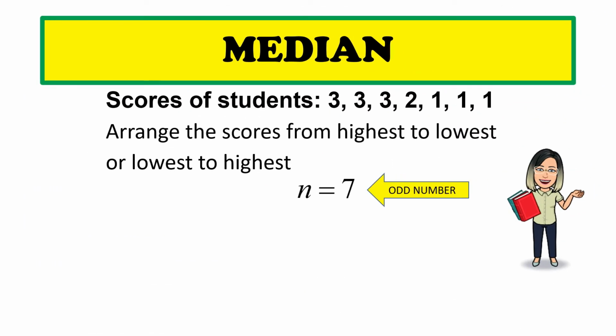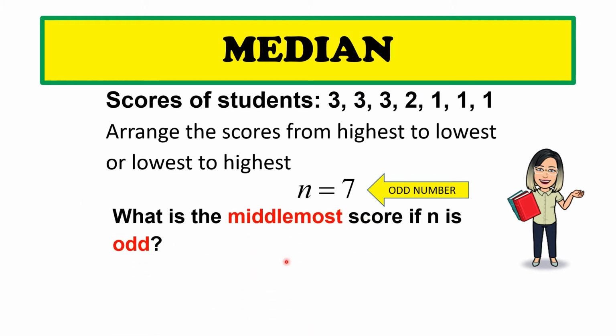So we have the scores of students 3, 3, 3, 2, 1, 1, 1. Arrange the scores from highest to lowest or lowest to highest. n is 7 and n is an odd number. What is the middlemost score if n is odd? So the middlemost score is 2.